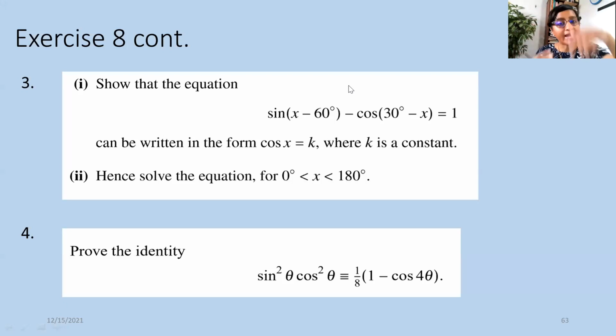And then part 2, hence. What does hence mean? When you see the word hence, that means you have to use the result of the previous part. By using what you did in the previous part, solve the equation. That's the meaning of hence. Okay, right.